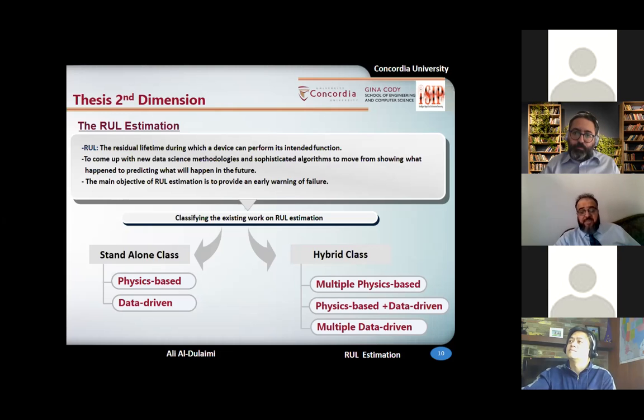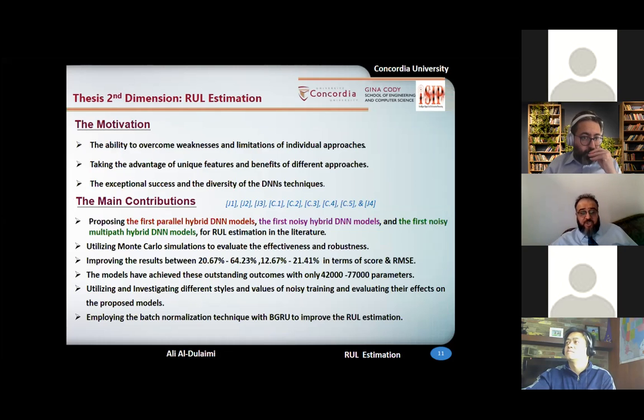The focus of our thesis is basically on multiple data-driven, specifically multiple deep neural network techniques. That takes us to the motivation, where the hybrid has the ability to overcome the weaknesses and limitations of individual approaches, in addition to taking advantage of the unique features and benefits of different approaches.